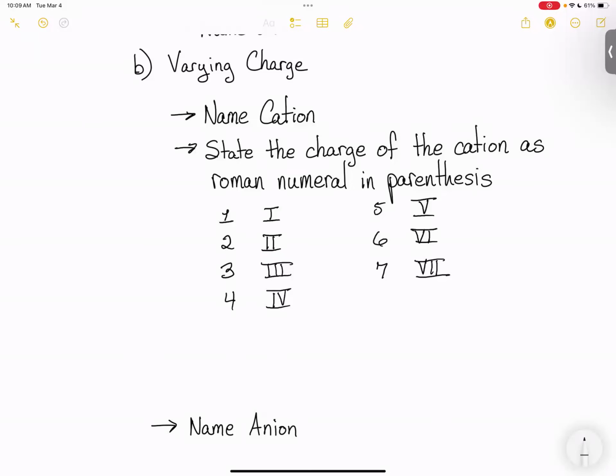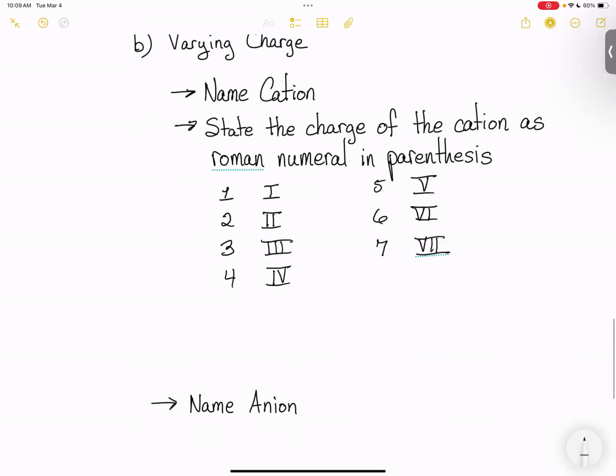We don't go past 7. To my knowledge, there are very few 7s. Most of them will be 1, 2, and 3, but there are a few that go higher.